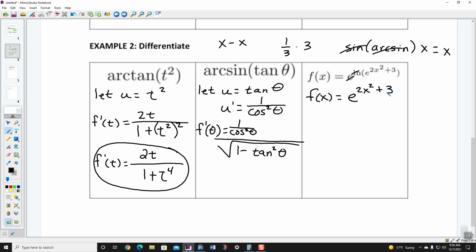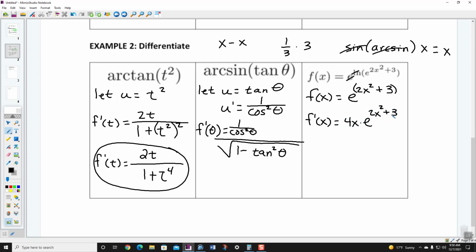So in this case, if I let u equal this up here in parentheses, what's the derivative of 2x squared plus 3? 4x, right? So f prime of x will be that u prime out in front, 4x, times your e to that power again, 2x squared plus 3.